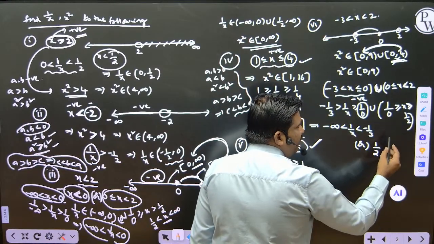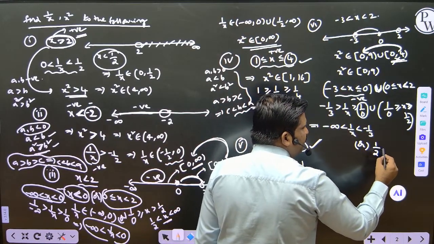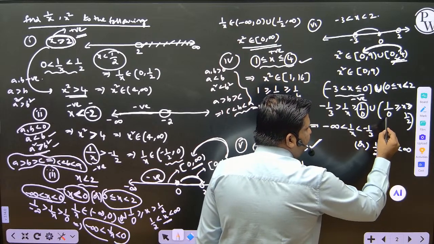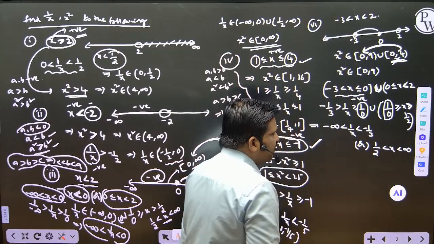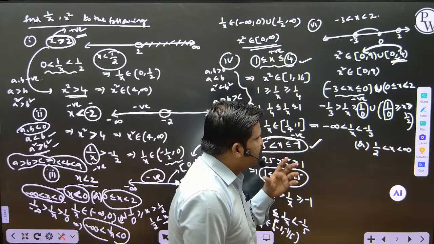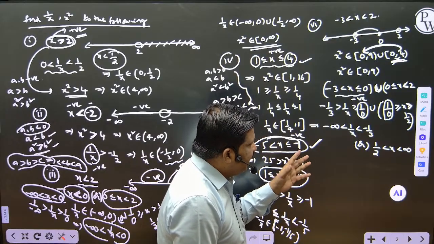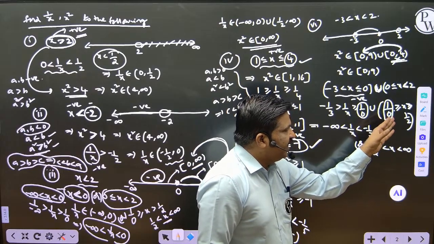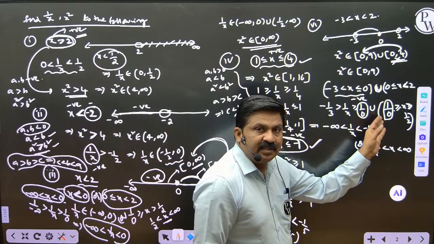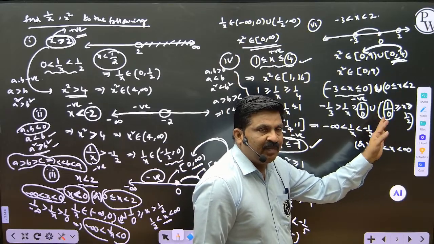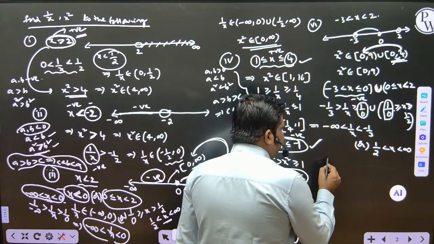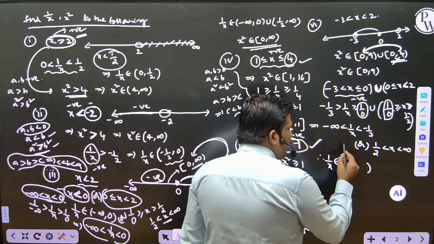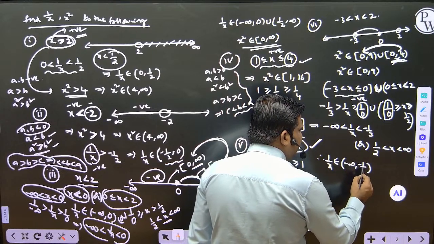Then reverse it: 1 by 2 less than 1 by x less than infinity. Why? Infinity we never consider, because infinity is not a number, it is only a symbol. Though equality is there, for infinity we never consider it. Infinity is never considered since it is a symbol but not a number. So finally, 1 by x belongs to minus infinity to minus 1 by 3.